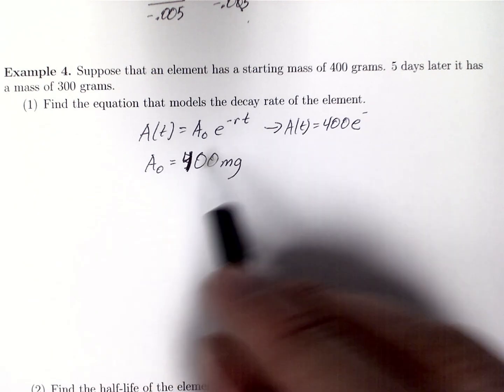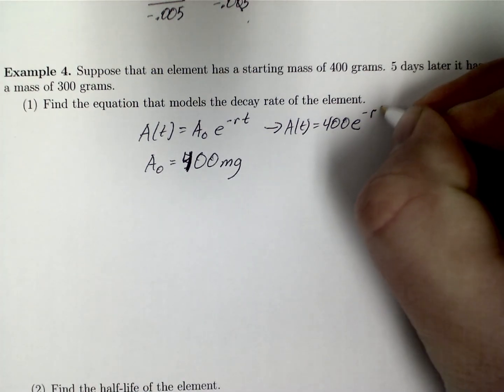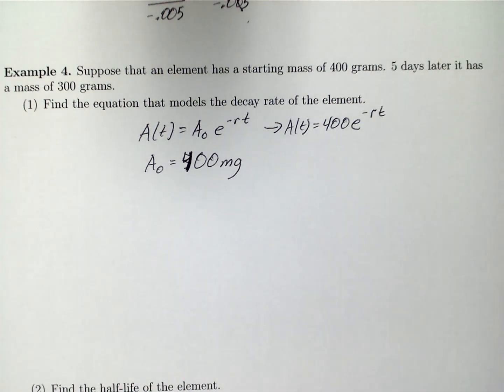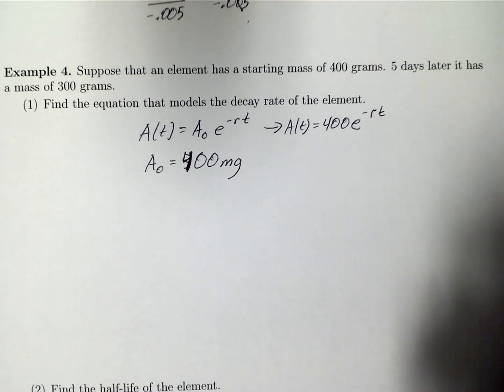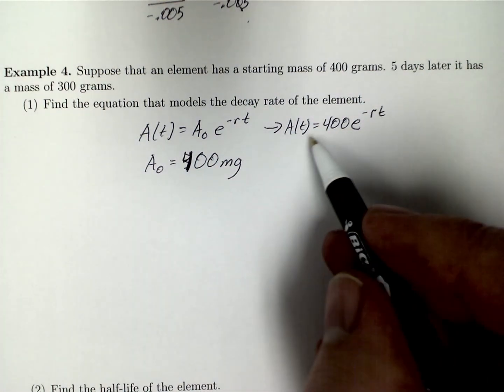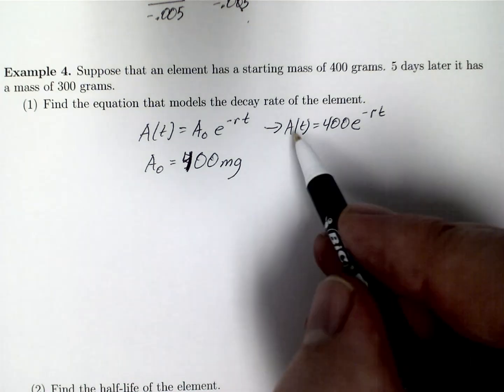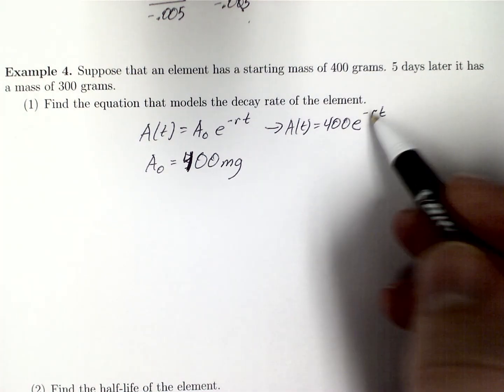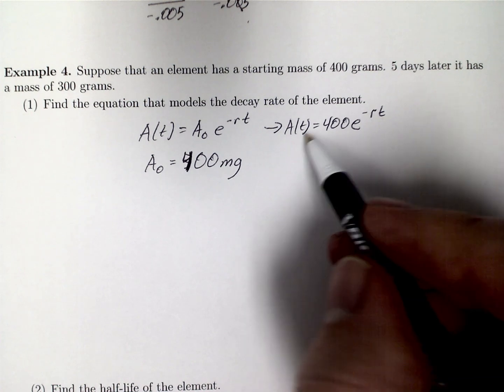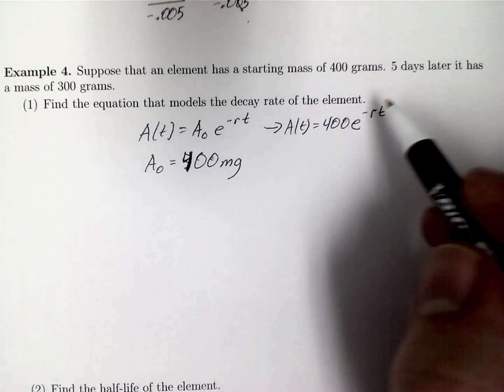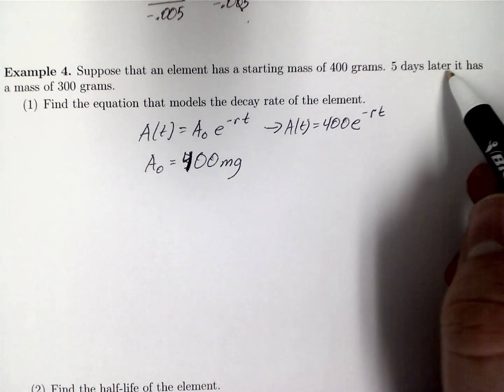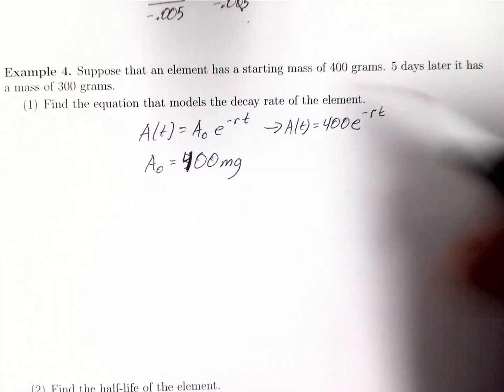Well, right now we have this model, 400 e to the negative rt. But we have 3 variables: the relative decay rate, the time, and the amount. Well, as it turns out, there is a bit of information that we have. 5 days later, it has a mass of 300 grams.